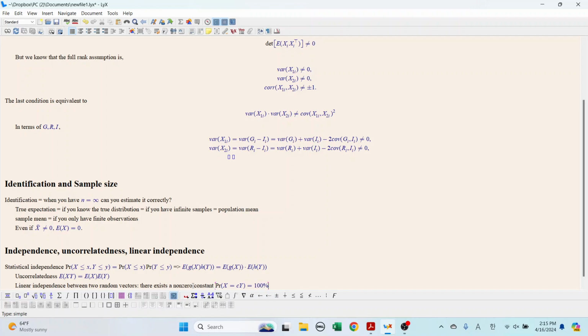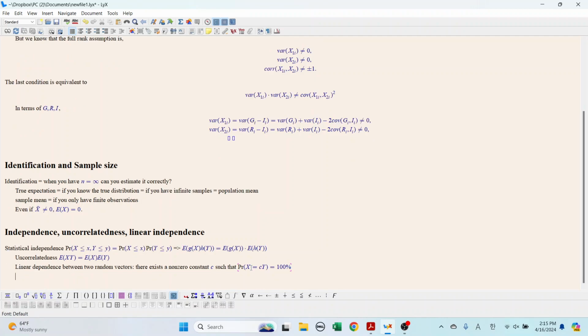So x and y move perfectly together. It is a really strong assumption. Linear independence is the negation of this. If such a constant c does not exist, then they are linearly independent. Okay.